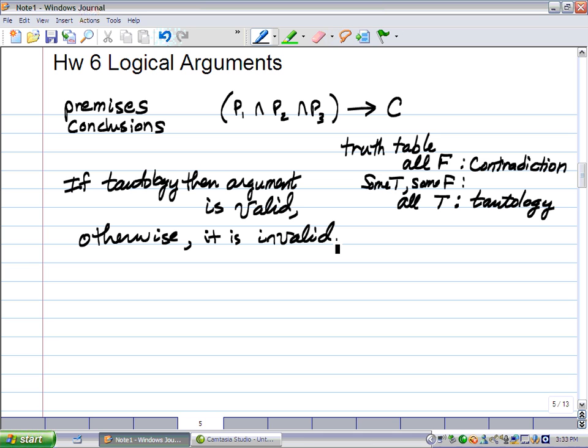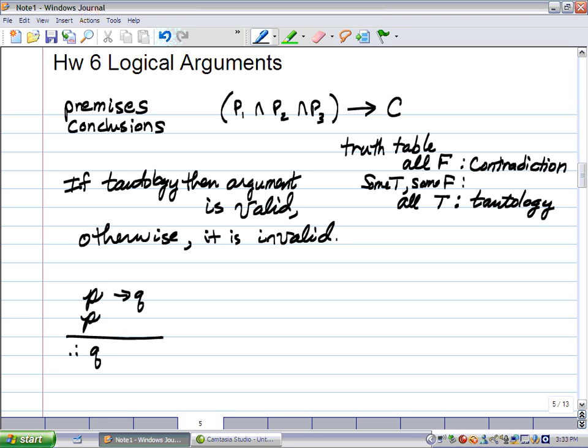The other way to decide if an argument is valid requires less writing but more thinking. We have 2 kinds of arguments that we're looking at. One of them is a direct argument.